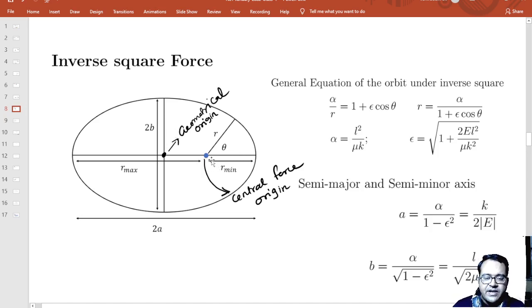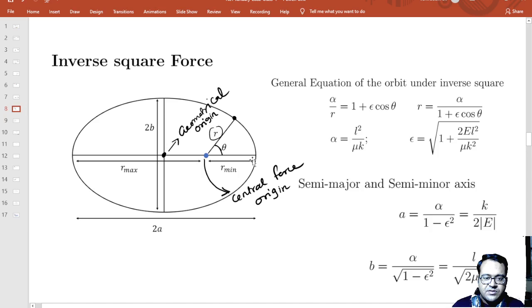From this we will define r like this. If the particle is at any point, this is the distance r, and this is the angle theta. The r comes at minimum distance here. This is r min. This is called, I think, perigee or apogee. I will tell you what exactly it is. And the maximum distance in this elliptical orbit will be here, so this is at r max.